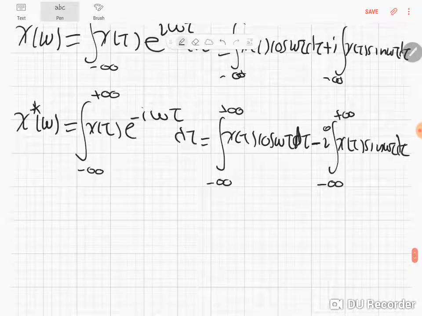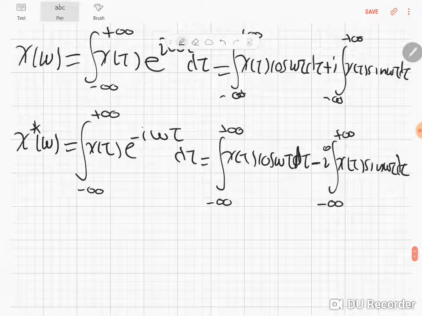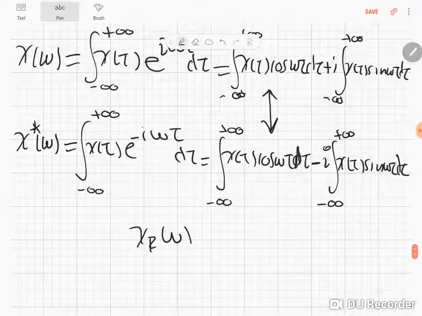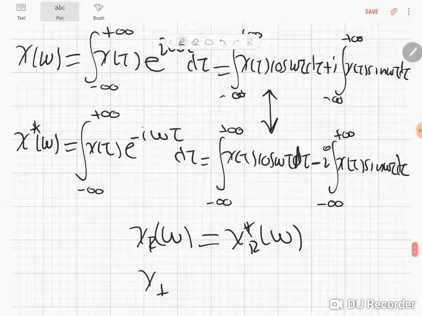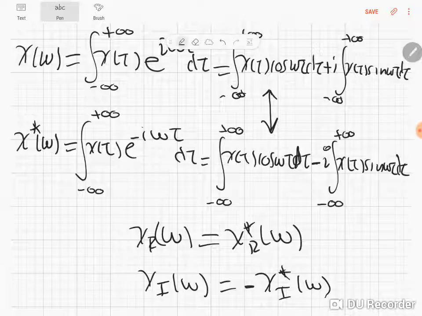Okay, so then what we can see here is that the real parts are the same. So then chi real of omega is equal to chi real conjugate of omega, and chi imaginary of omega is equal to minus chi imaginary star of omega. See? And the same applies if you just change the frequency.